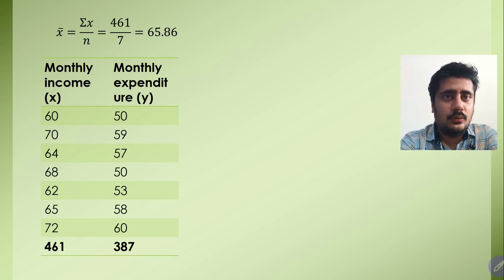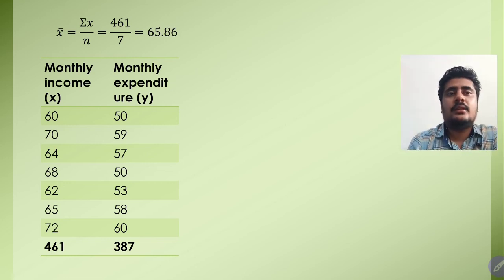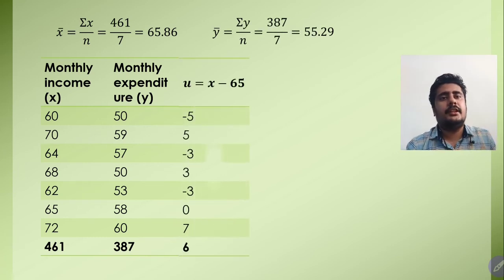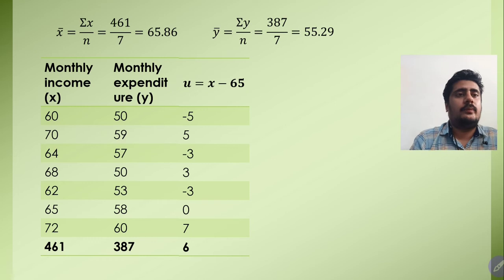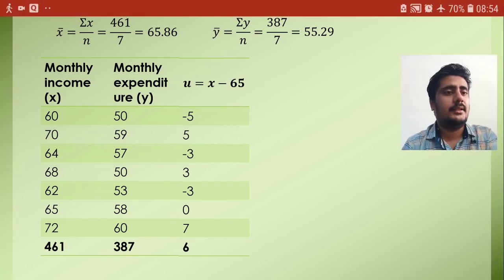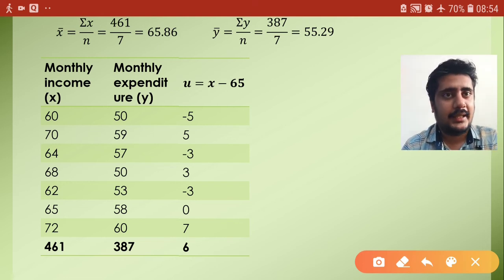That means I want to reduce these digits. So what I'll do, I'll find a column named u. What I'll do, I'll subtract a digit from x. Which digit will I subtract?